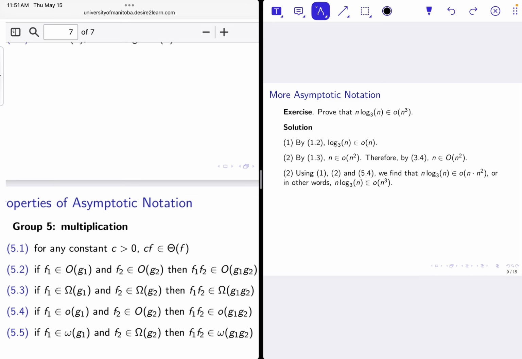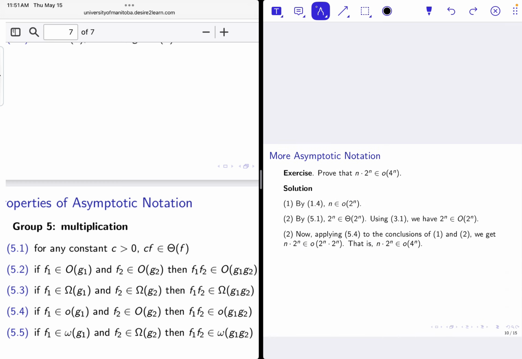Fact 5.4 just works. So we found log base 3 of n is in little o of n, and that n is in big O of n squared. So with that fact, log base 3 of n times n is in little o of n times n squared, which is then n cubed, which is what we want.